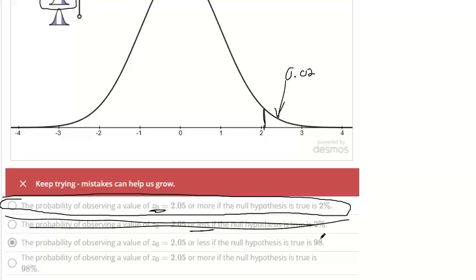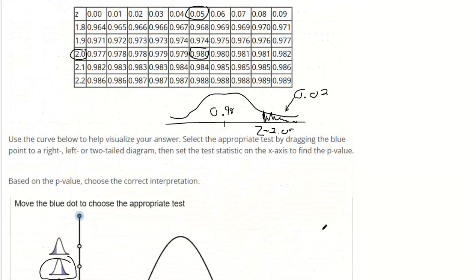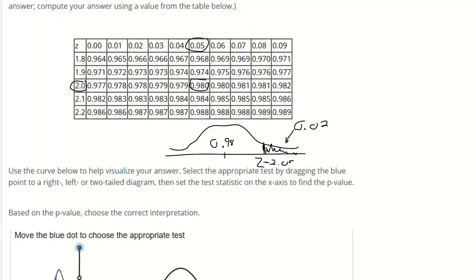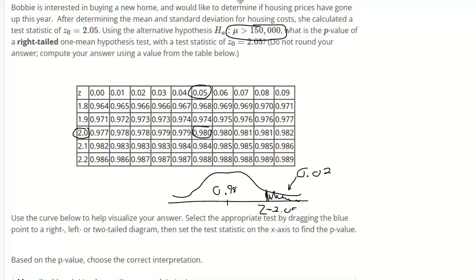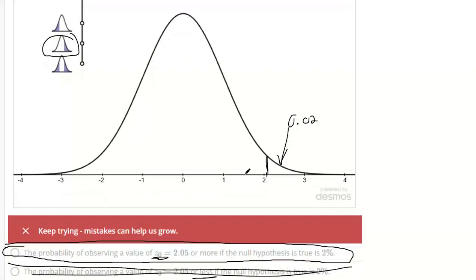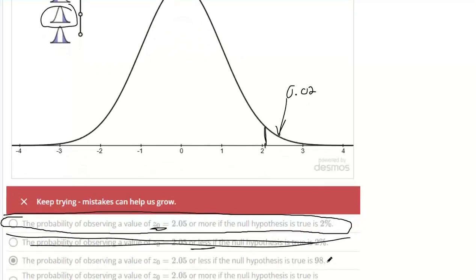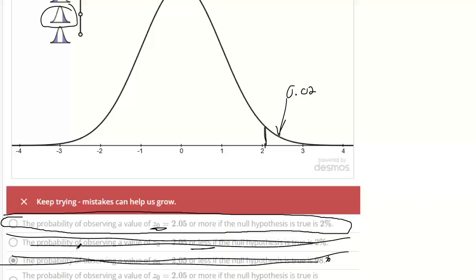So if it said 98%, that's right, but that's not testing the null hypothesis. That's not testing to check to see if the alternative hypothesis is true. So that would be a true statement, but that doesn't help us because we're not doing a left-tailed test. We shouldn't be doing anything to the left.